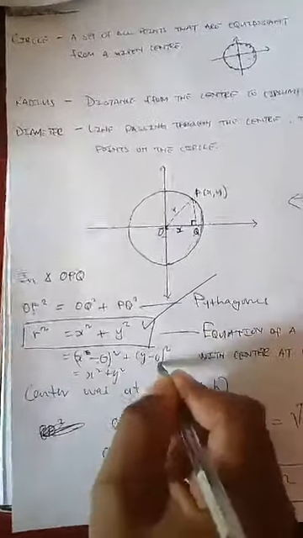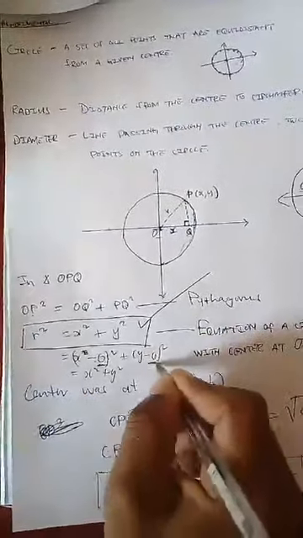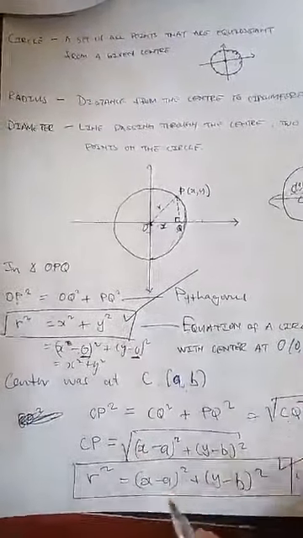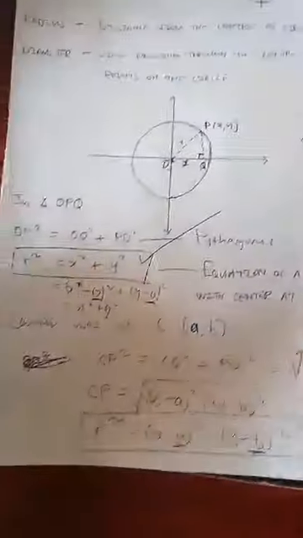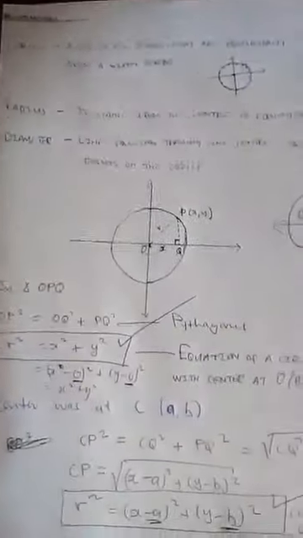So here the center is at 0, 0. There's the center, 0, 0. But here the center is at A and B. That's very important. I hope that makes sense to you.